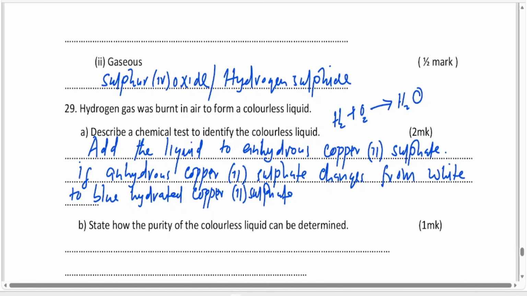So if anhydrous copper 2 sulfate changes from white to blue, then the colorless liquid is present. You can still use anhydrous cobalt 2 chloride, which changes from blue to pink. So this explanation gives you 2 marks.